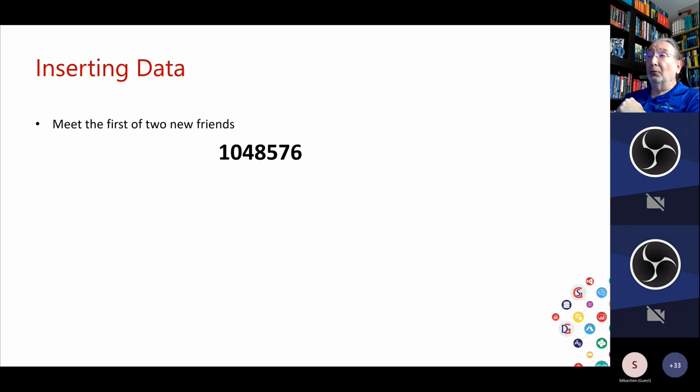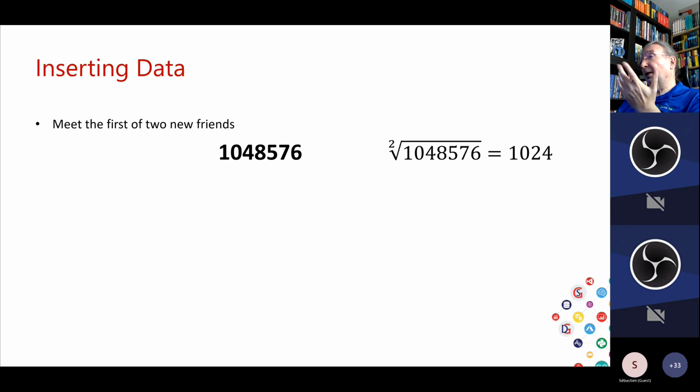The only way they get into one row group is if you insert that many rows in one go. Why is it this number? If you take the square root, it's 1,024. So someone at Microsoft thought it a good idea: 1,024 times 1,024. It's basically a mega row instead of a megabyte.